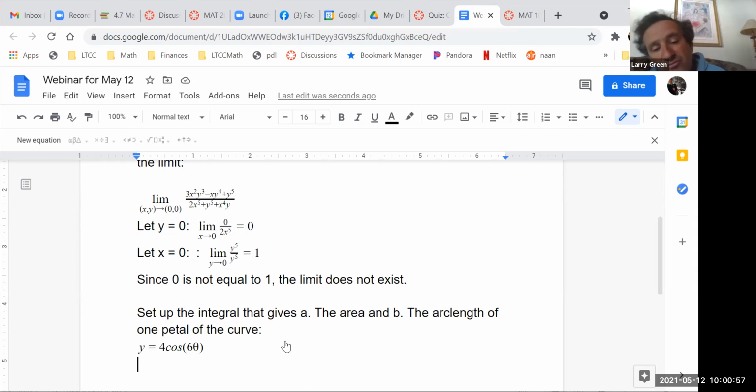So I'll give you a couple minutes. You just have to set it up. You don't have to evaluate the integral. It can be done, but it's kind of messy. Okay, and I think the arc length is very messy. Area is not as bad.